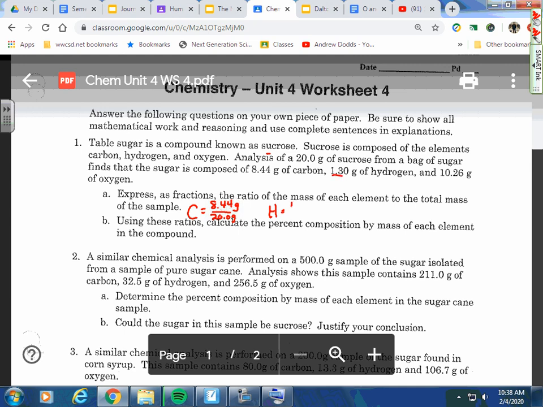So I'm going to do 1.30 grams on top. And again, always put the total on the bottom. So the fraction for hydrogen would be 1.30 grams out of 20. And then for oxygen, it says 10.26 grams of the 20 is oxygen, so I'll do 10.26 grams over 20.0.